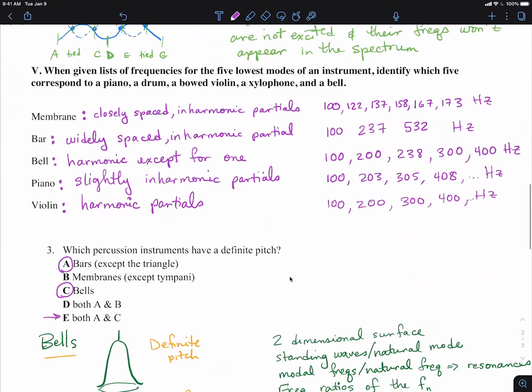And just to clarify here, triangles are indefinite pitch instruments.